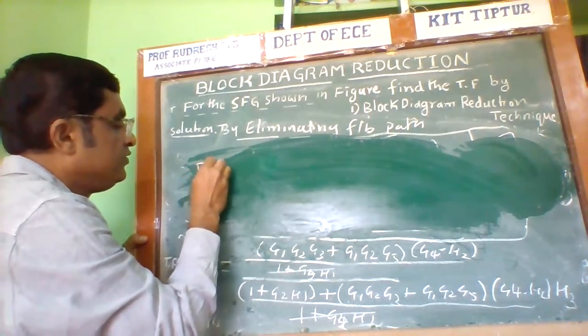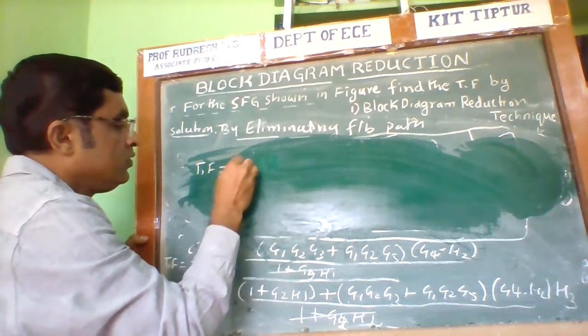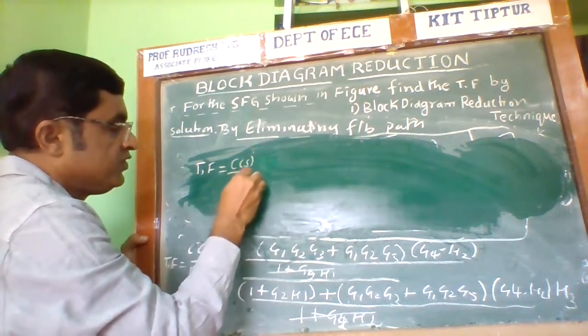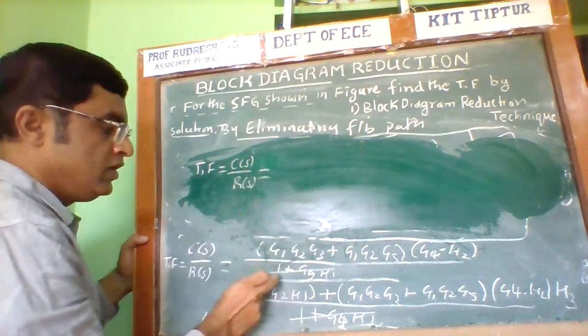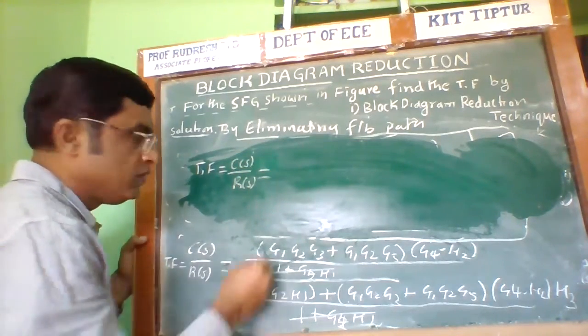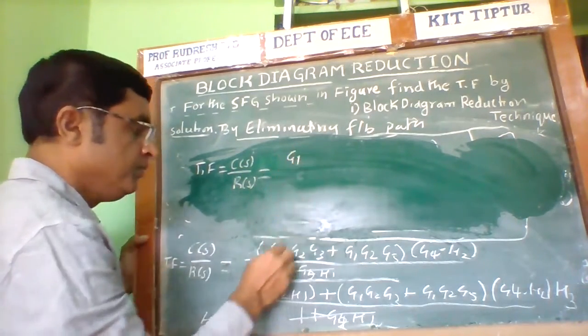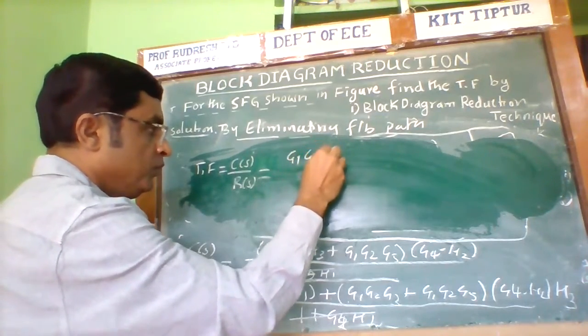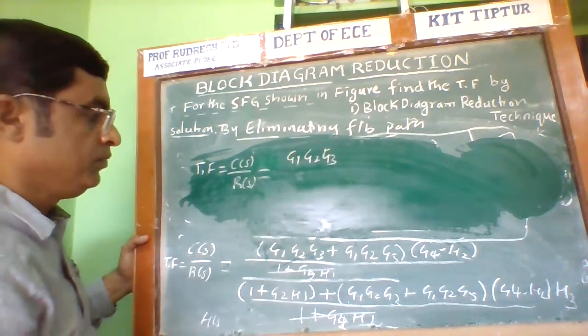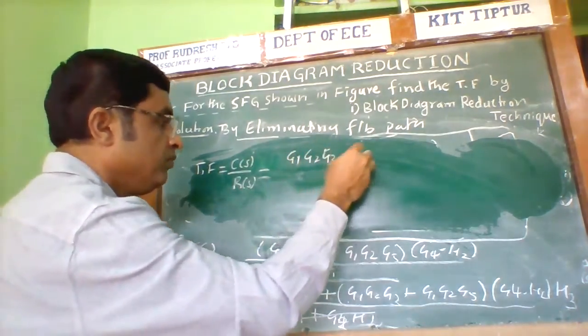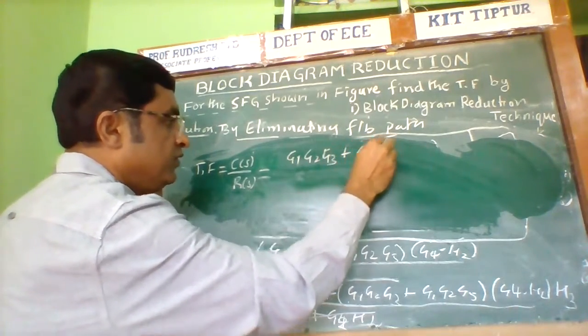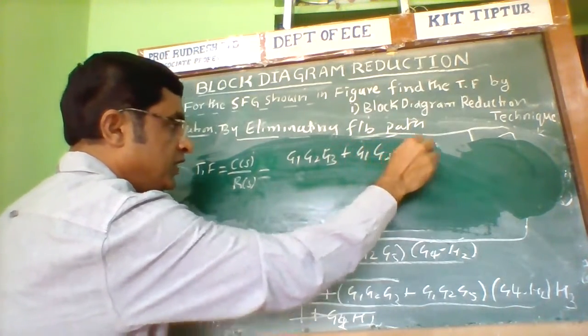Therefore the transfer function C of S divided by R of S is equal to, write the answer. What is the answer? G1, G2, G3 plus G1, G2, G5.